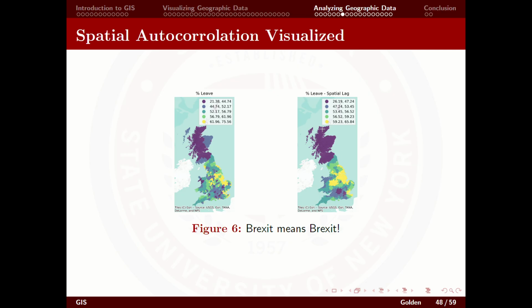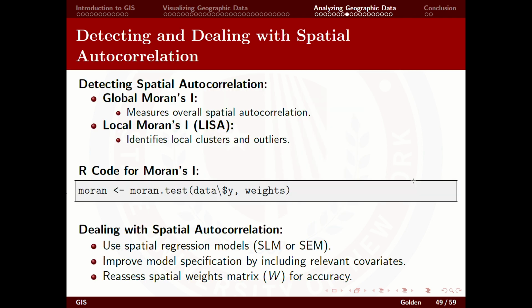If you do a spatial lag, this becomes very neat, because it turns out you can understand quite well how a place voted based on how other places around it voted. So for detecting and dealing with spatial autocorrelation, like I talked about before, there's global Moran's I and then local Moran's I, which can identify local clusters and outliers.